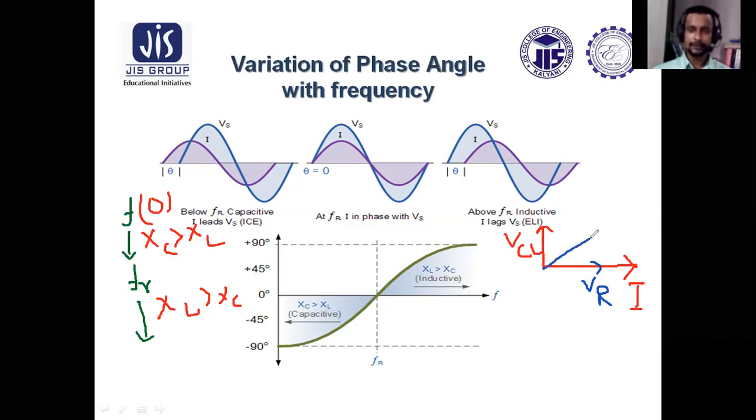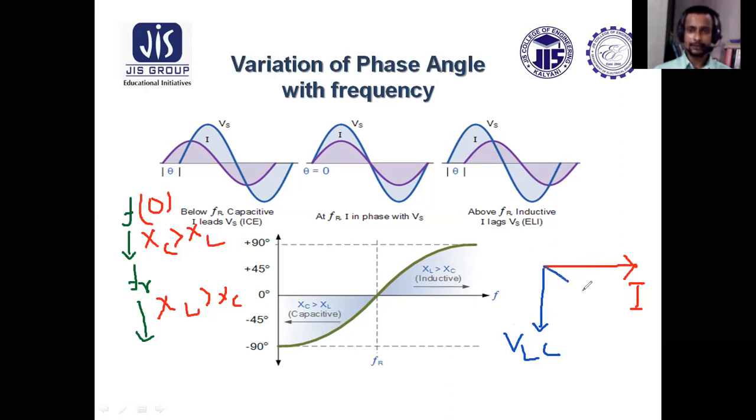This would be the resultant voltage. For the capacitive part, this will be VLC, voltage across LC, because for the capacitive part, the current leads.